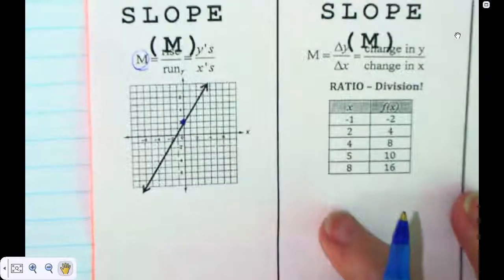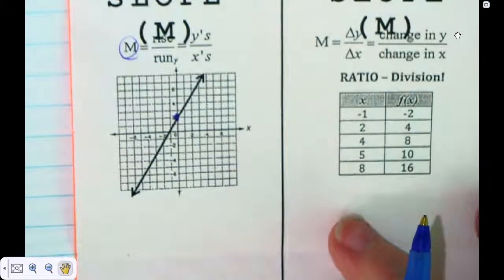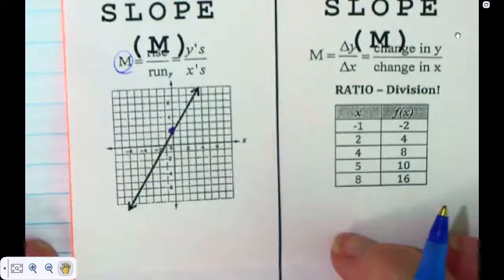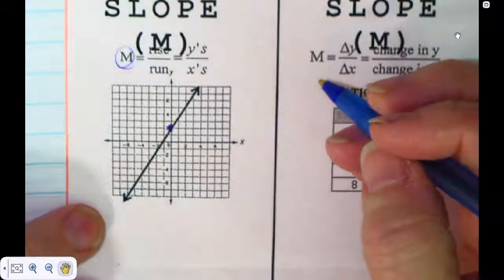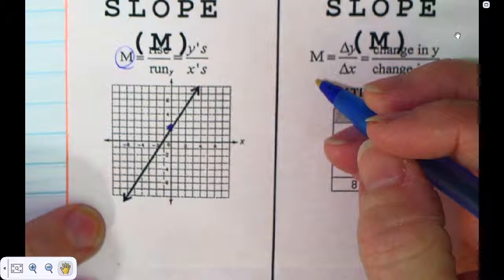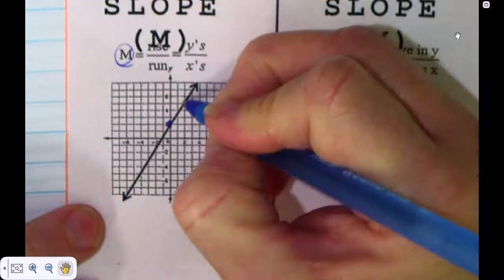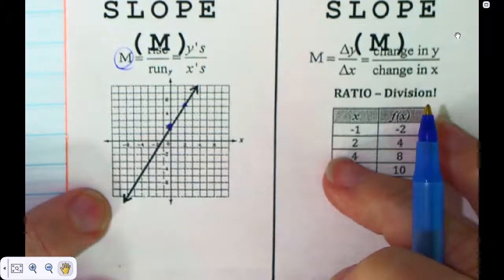Can everybody see well enough? Let's use (0, 2). And then let's use (2, 5). Those are 2 points I can clearly see on there.